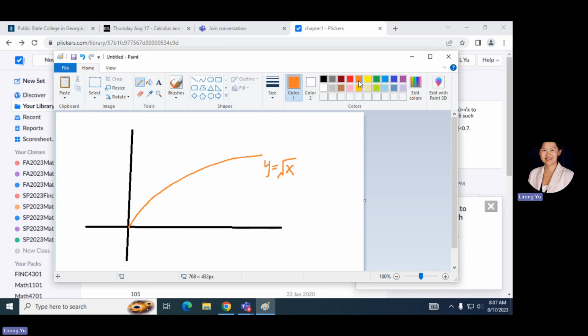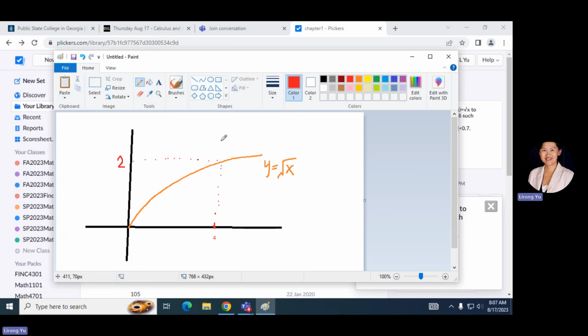And we're saying if the x value is close to 4, this is where 4 is on the x-axis, then the y value is supposed to be close to, or approaching, 2.